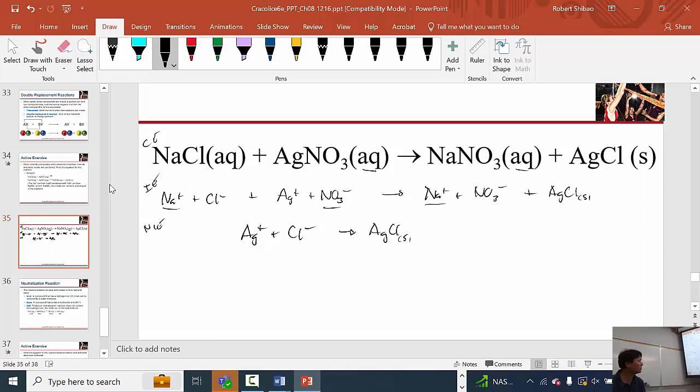The nitrate ions are spectators, nothing happens to those. If they're soluble, they break up. And in the second part, past the arrow in the products, if they're insoluble, just keep them the same. And then the final thing we write here is our driving force, which is the precipitation of silver chloride.